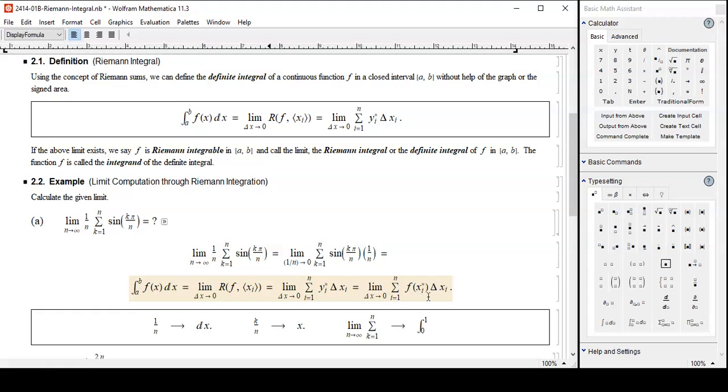Okay, so all right. Compare, and then this one we got is 1 over n. And then that's going to become dx, because that's the infinitesimal version of the difference of x coordinate.